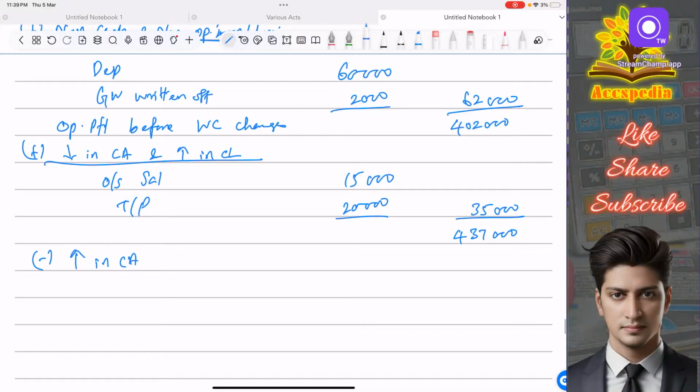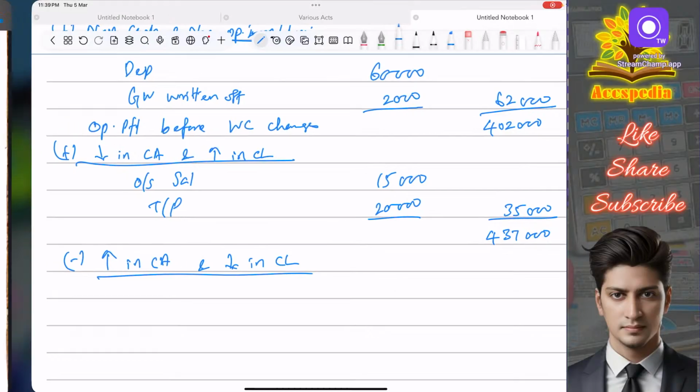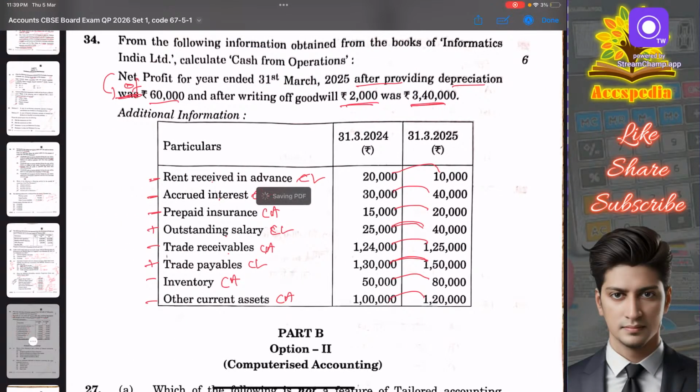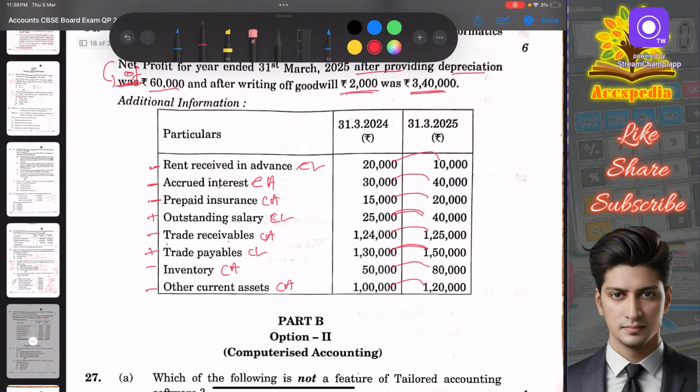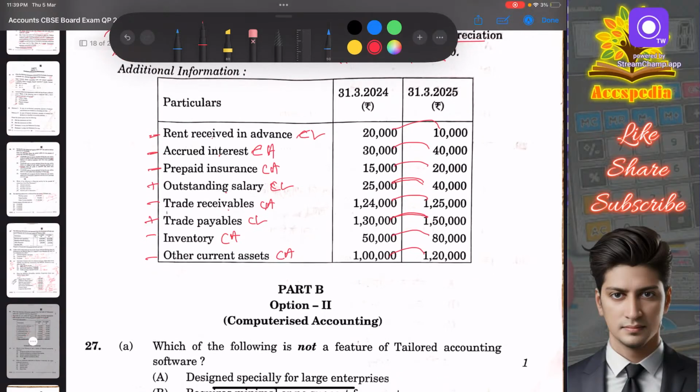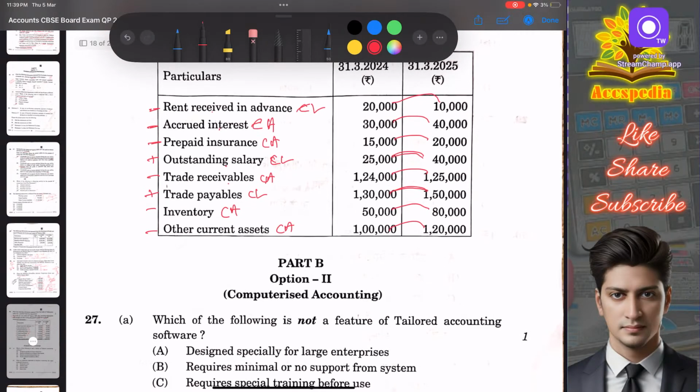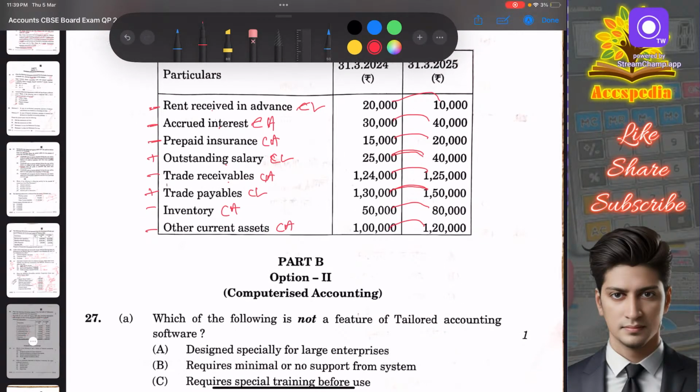increase in current assets and decrease in current liability. We have many. I'm just cross checking it.